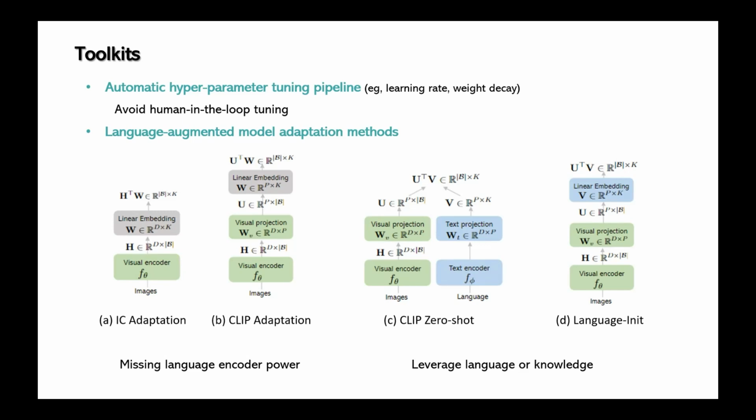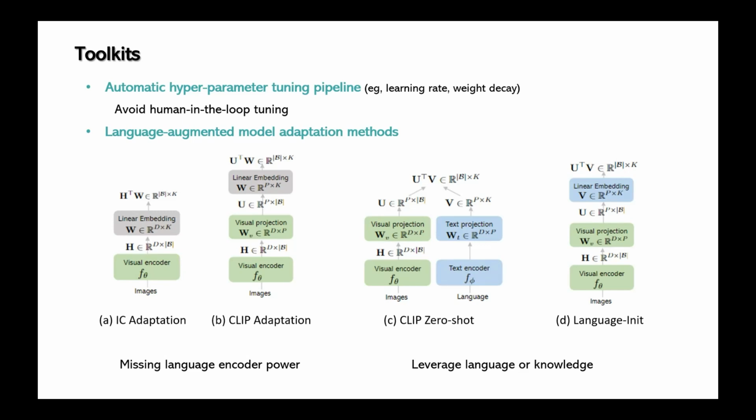And the second component of the toolkit is the language-augmented model adaptation method. When CLIP was proposed, the authors followed the tradition in the computer vision community by randomly initializing a linear head and then training the linear head for a specific data set. And this randomly initialized linear head is a suboptimal solution, because it only leverages a part of the pre-training power.